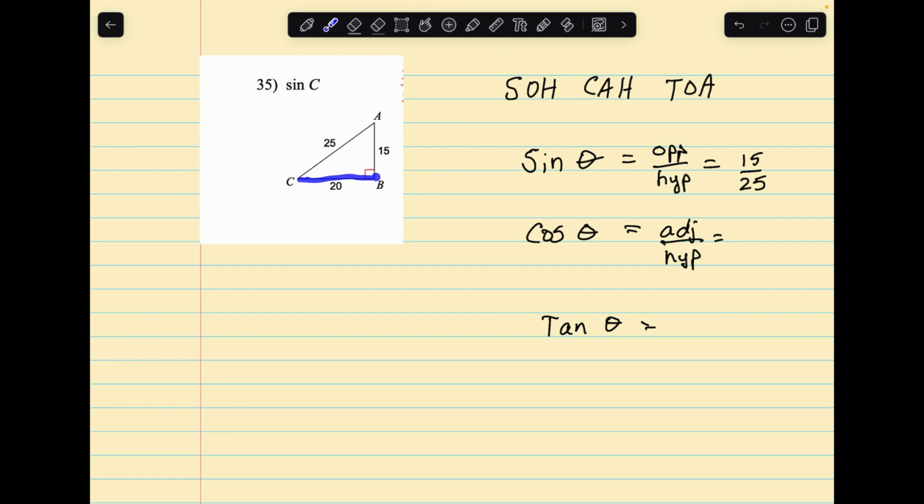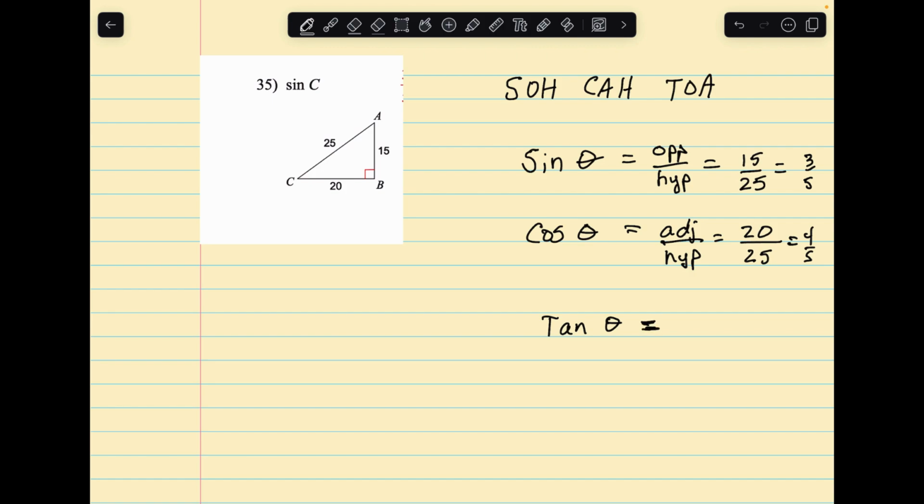We see our adjacent line is 20, so we put adjacent, which is 20, over the hypotenuse, which is this line right here. So we're going to put 25 down here on the bottom. Now you can reduce these, of course. This could be 3/5, and this could be 4/5. If you know your times tables, you could do that.